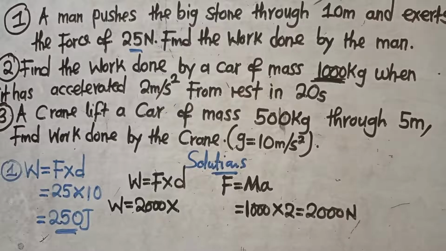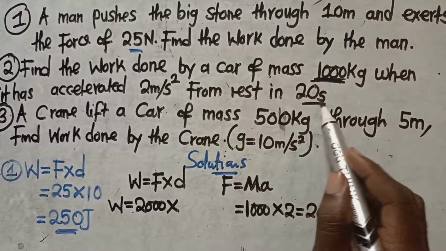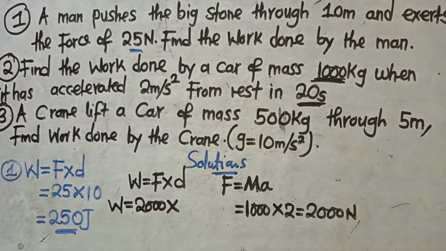For me to find the distance, I know I'm given acceleration. I'm told that it is starting from rest, and I'm given the time. So what I need to do here is find the distance using the formulas that we were using when we were doing the 3 equations of linear motion.